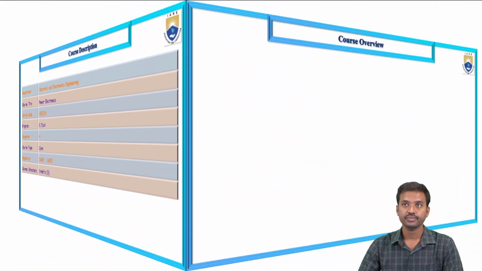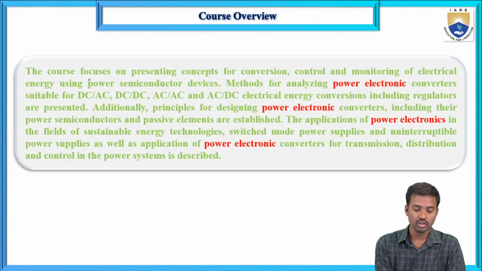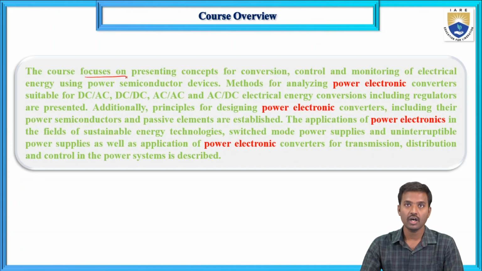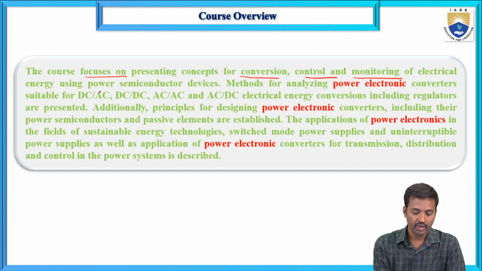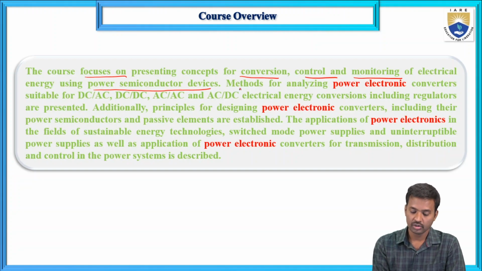And next, the course overview. This course focuses on presenting concepts for conversion, control and monitoring of electrical energy using power semiconductor devices. Power semiconductor devices means SCR, triac, MOSFETs and so on.